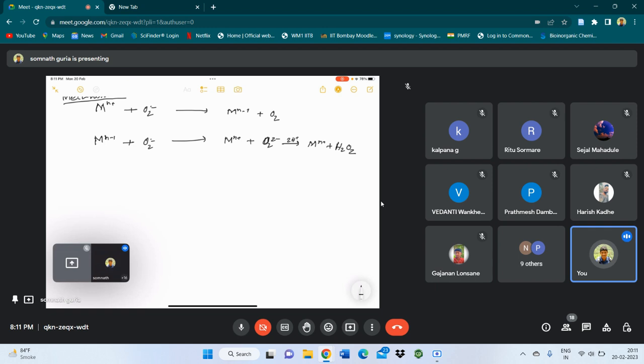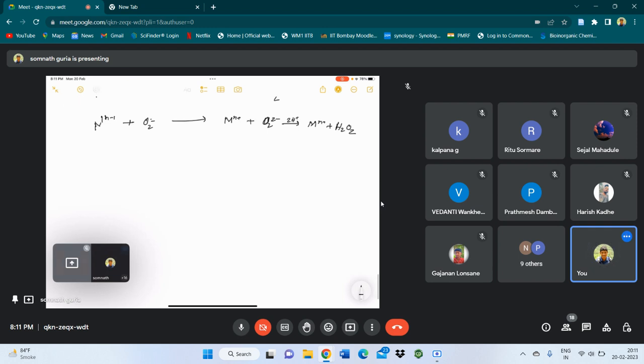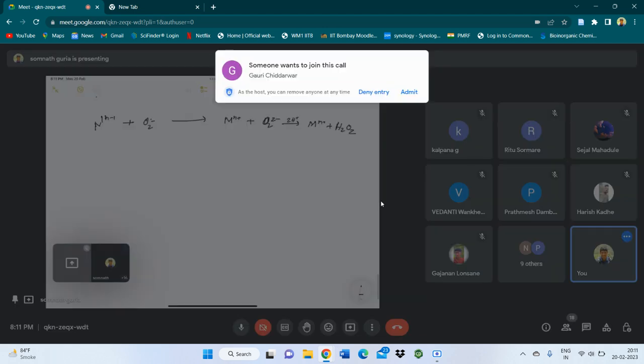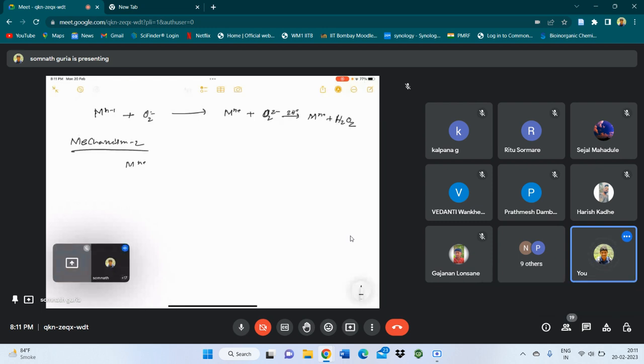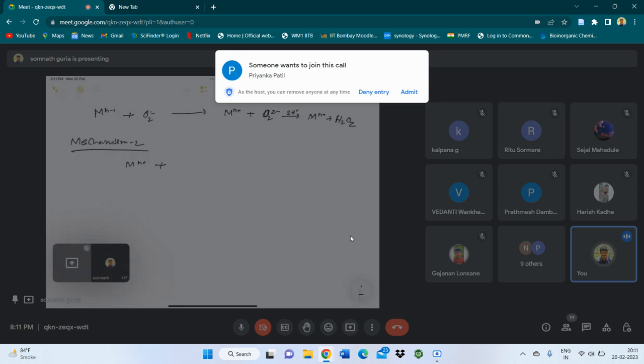And in mechanism 2, what they are suggesting is the disproportionation way mechanism. Mechanism 2 is that Mn plus, only your oxygen adduct product is formed.